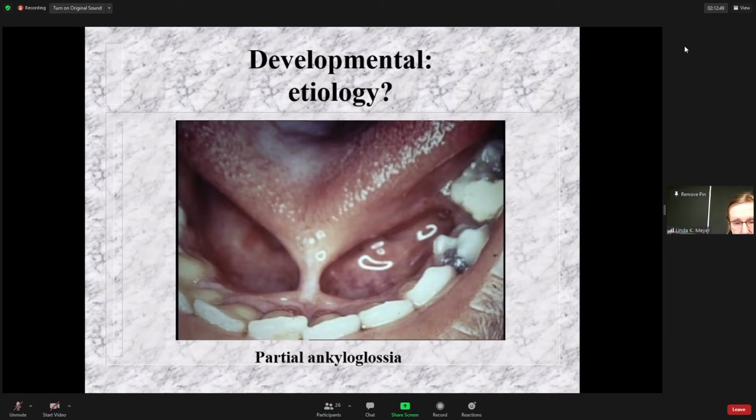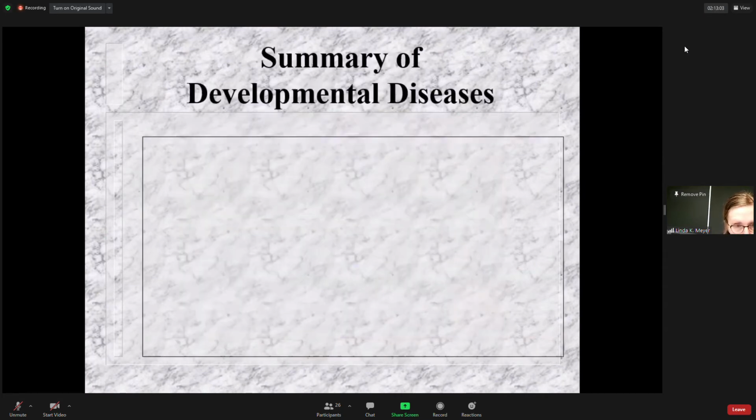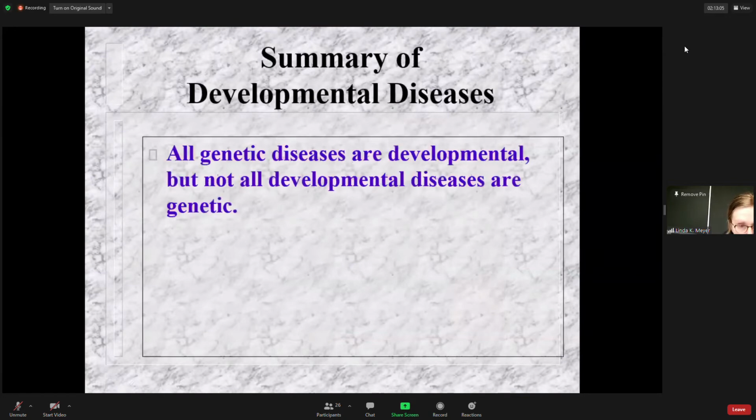Okay, so I've shown you some things that would be more common, less severe. The most severe thing that comes up in our discussion is really the cleft lip and the cleft palate. All right, so again, just to summarize this section: all genetic diseases are developmental, but not all developmental diseases are genetic.